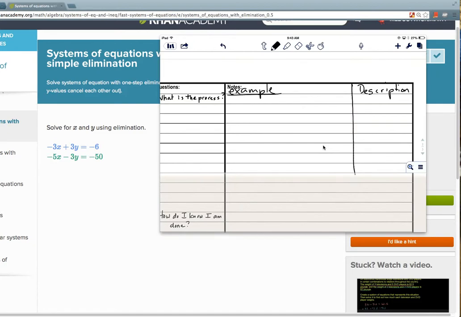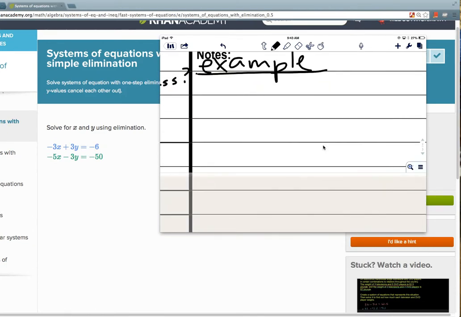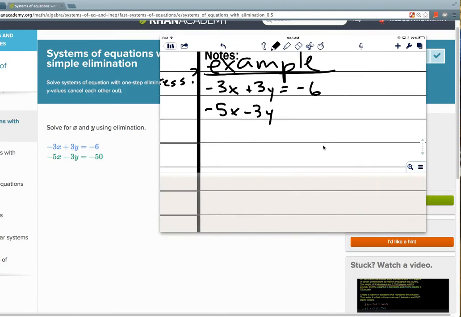So I'm going to take this example that you see over to the left there. The example is negative 3x plus 3y equals negative 6, and negative 5x minus 3y equals negative 50.